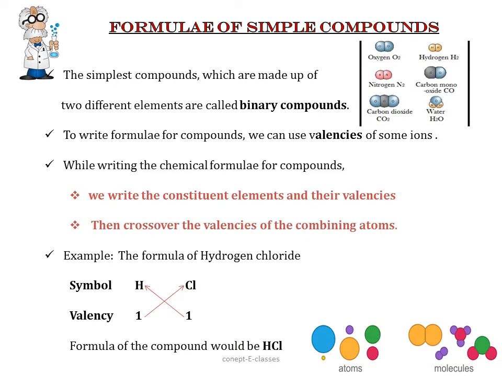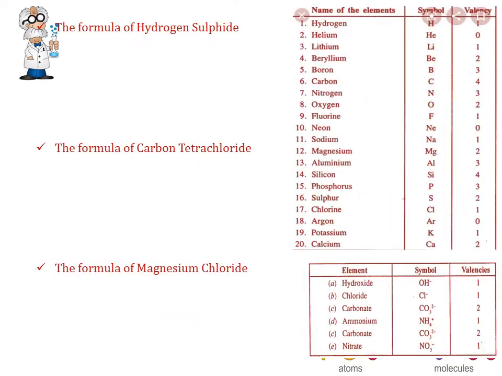So let's see some more examples. Now let's find the formula of the following compounds using the reference of these tables. The first one is the formula of hydrogen sulfide. So the constituent elements are hydrogen and sulfur. The valency of hydrogen is 1 and sulfur is 2. We cross over the valencies and we get 2 atoms of hydrogen and 1 atom of sulfur.